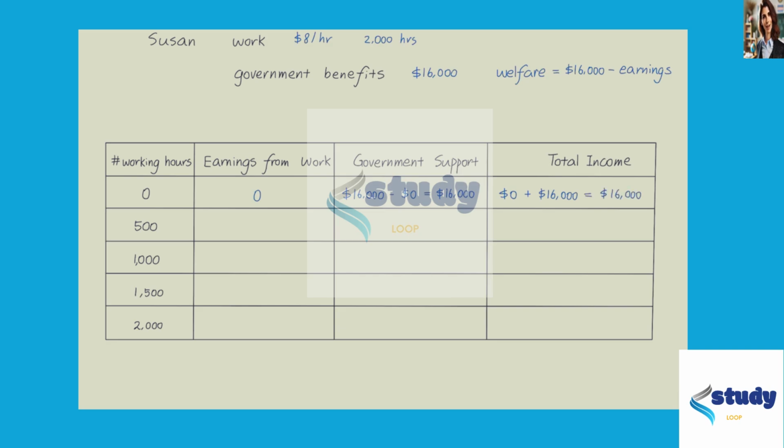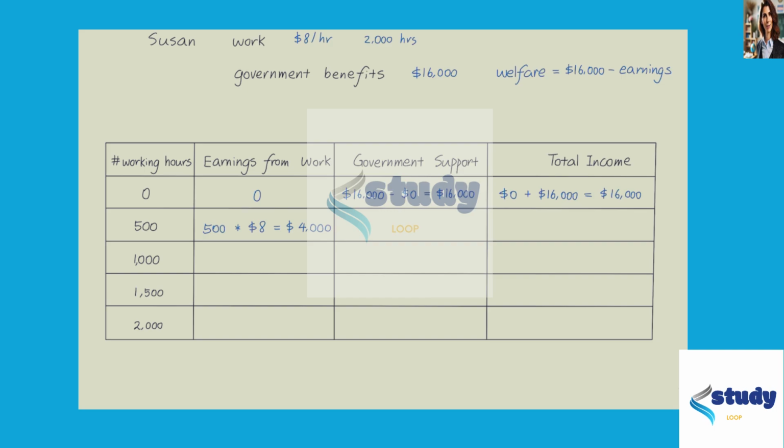When Susan chooses to work for 500 hours per year, her earnings from work will be 500 hours times $8 per hour, which is $4,000.